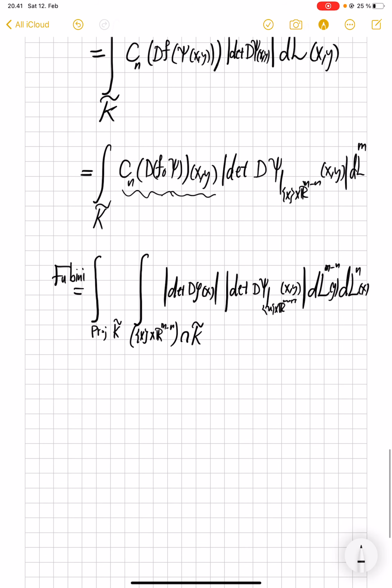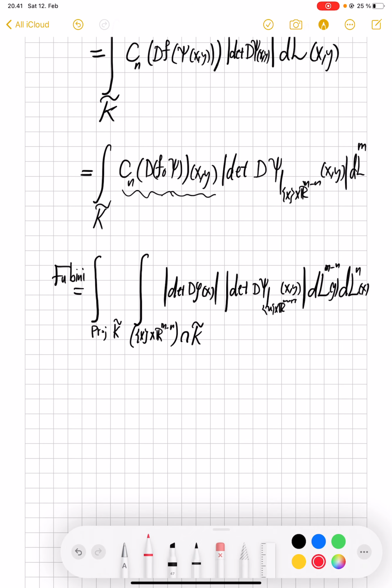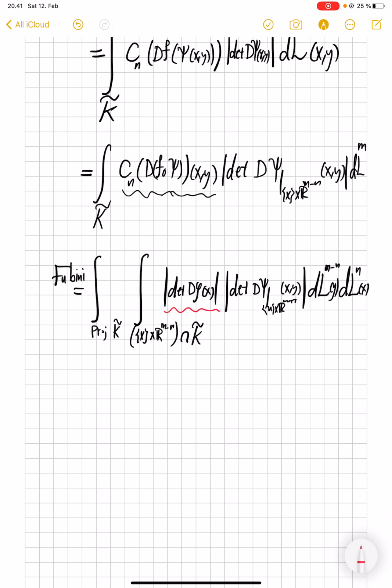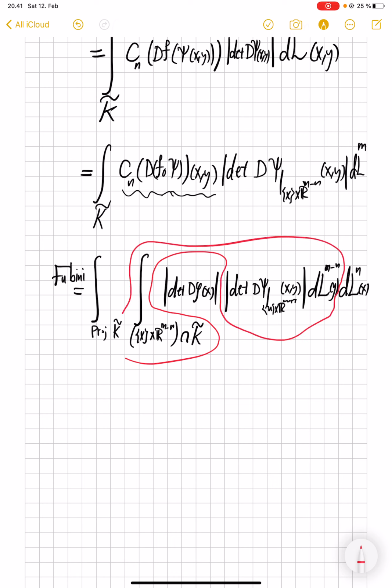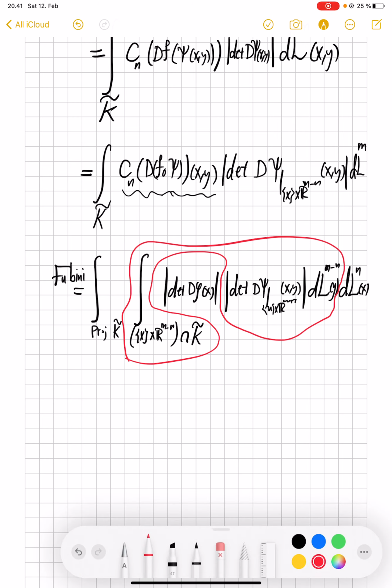Now comes the observation that this quantity is independent of y. So we can put it outside the inside integral. Therefore, we end up with just integrating this quantity. But what is that quantity equal to?